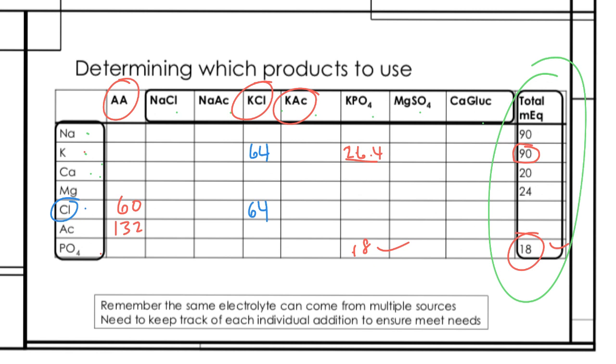And that matches. So now you're done with potassium, because 64 plus 26.4 gives you 90. So we're done touching that. On to the next one.